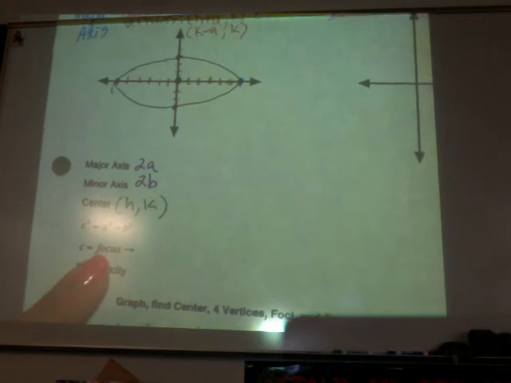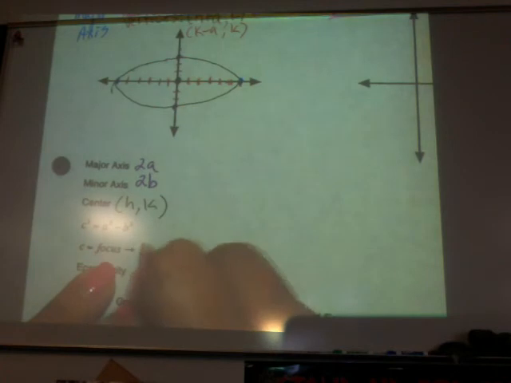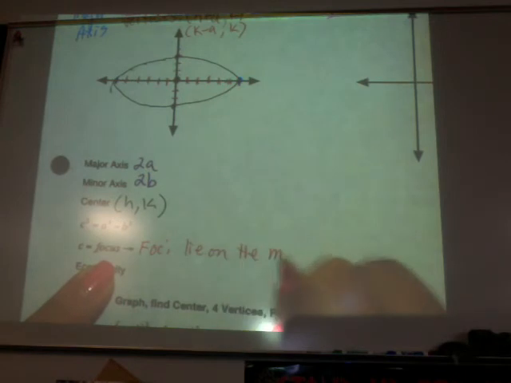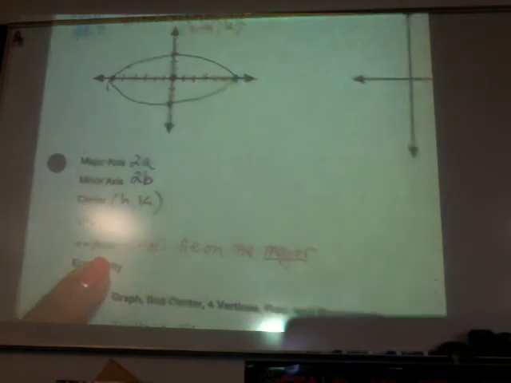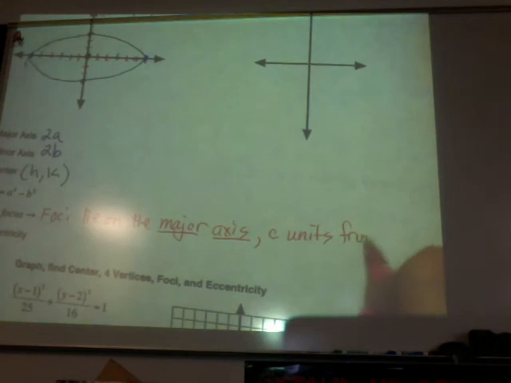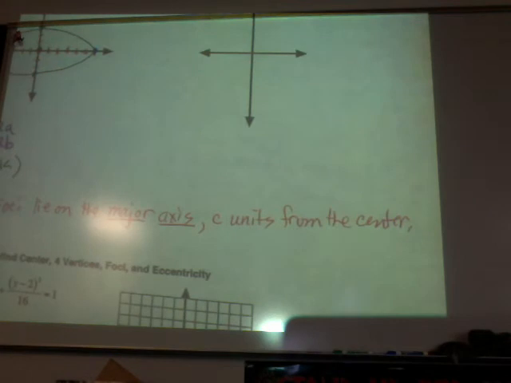So you might want to write down here that foci lie on the major axis, c units from the center. So we have to find c.